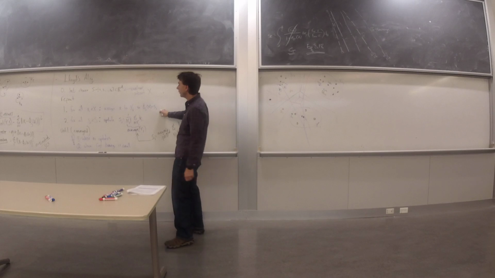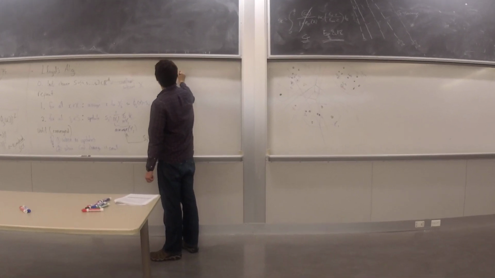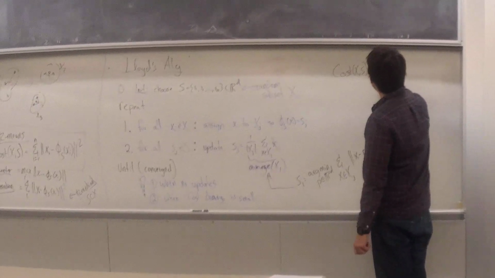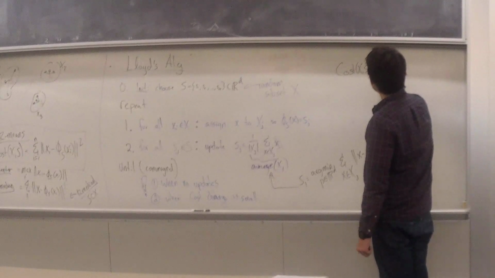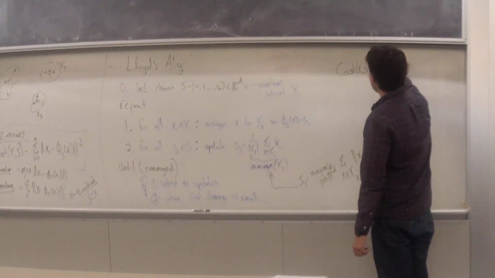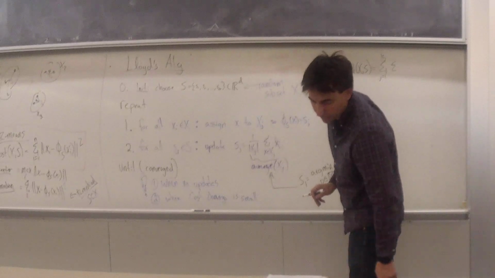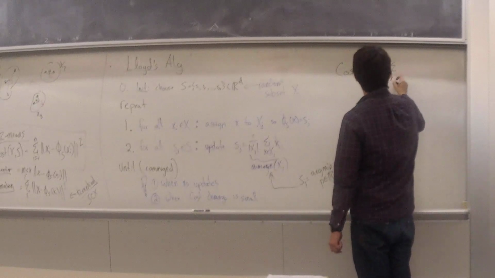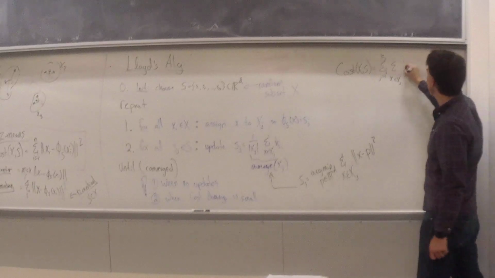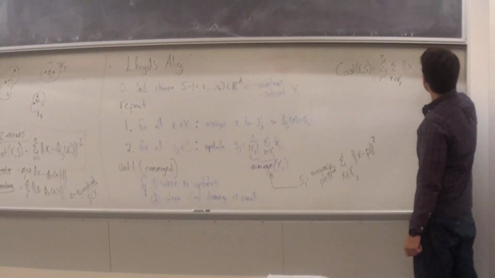If I look at the cost function, I'm going to write it now as a sum over j equals 1 to k, of the sum of x in Sj.